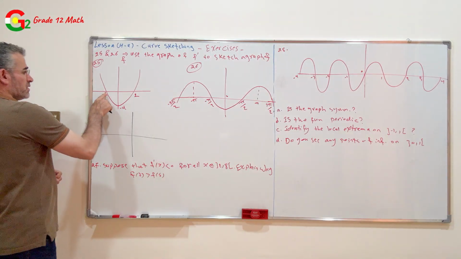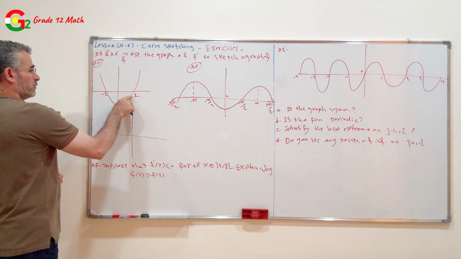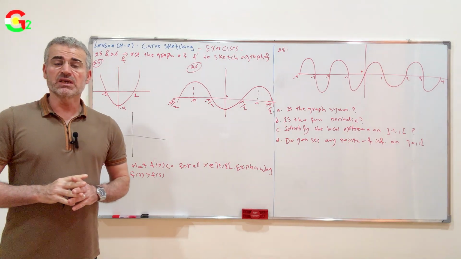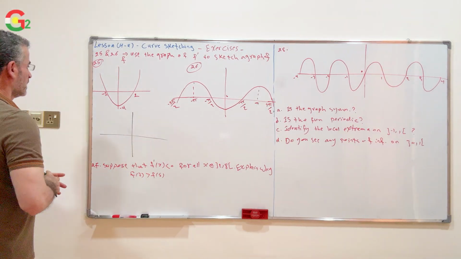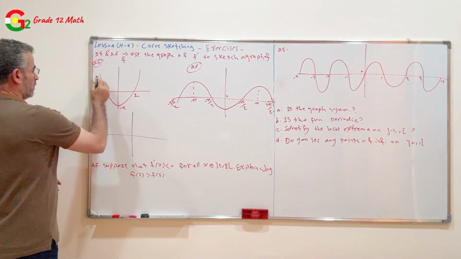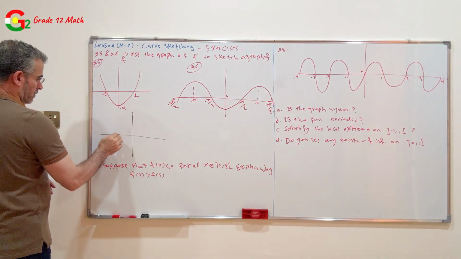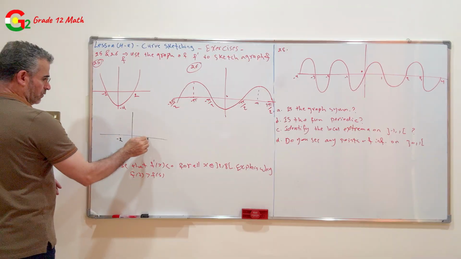The graph of the derivative is under the x-axis from negative 2 to 2. Therefore, the function is decreasing on this interval. Now, this is negative 2 and this is 2.